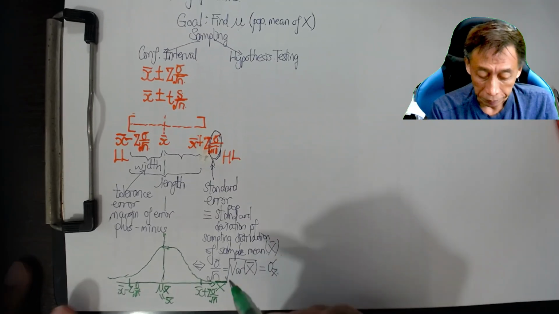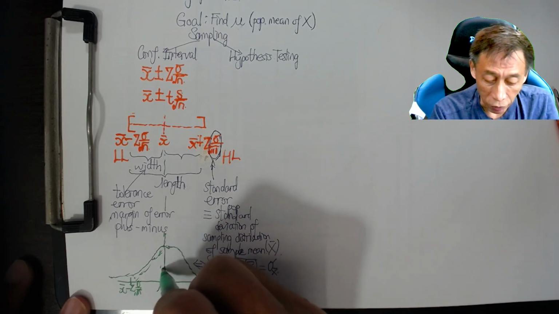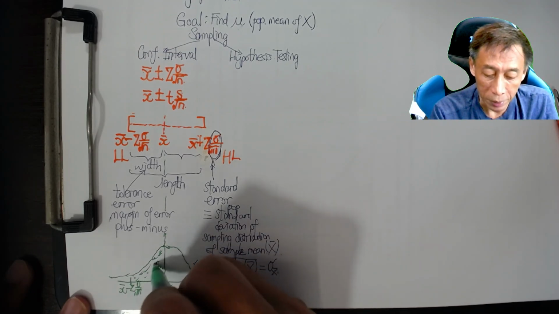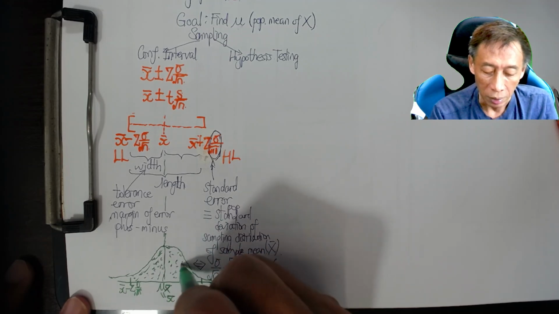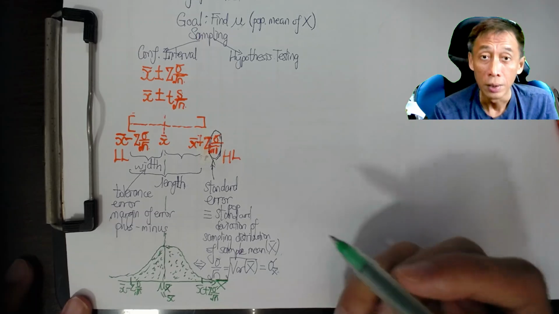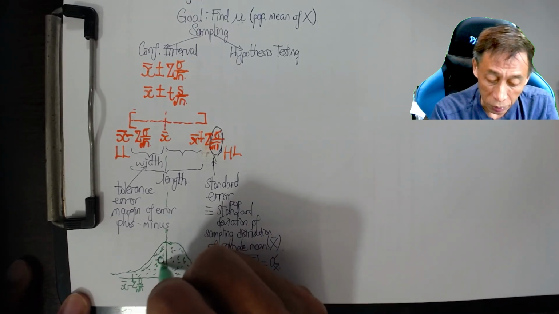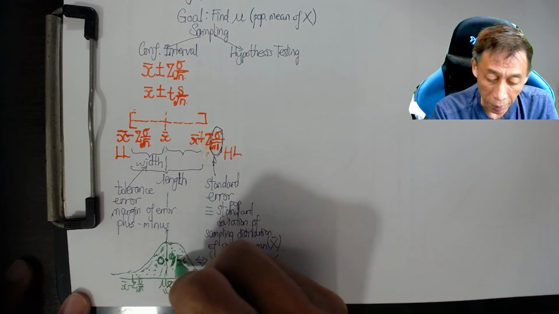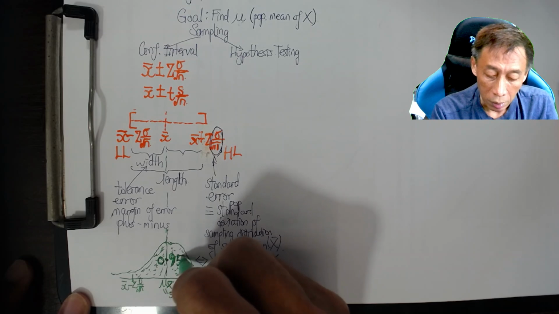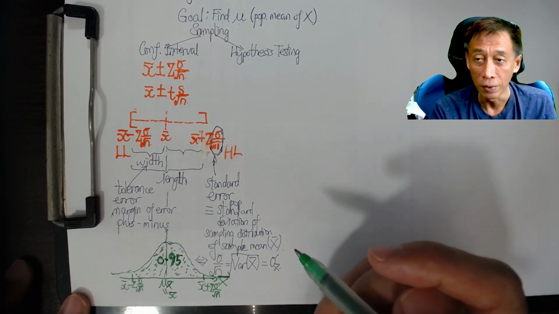And the confidence level that is given, for example, find a 95% confidence interval. That 95% will be the confidence level. So 0.95. This is how we quantify the idea of 95%.